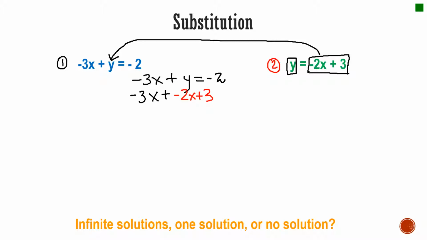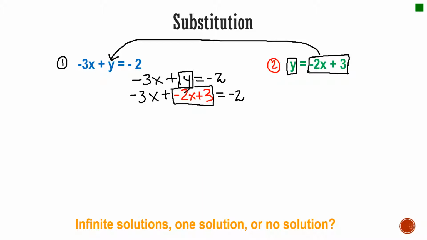I put in negative 2x plus 3, and then I'm going to write the rest of the equation like it already appears. Notice how I put in negative 2x plus 3 in the place of the y right above.